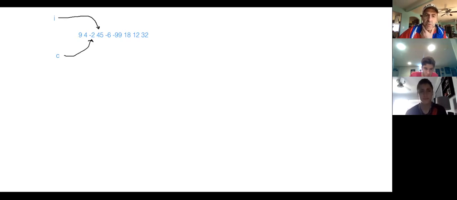So now we're taking A sub I and assigning it to A sub C. So that gets crossed out, and the value there is 45. Now we once again increment I and we increment C.